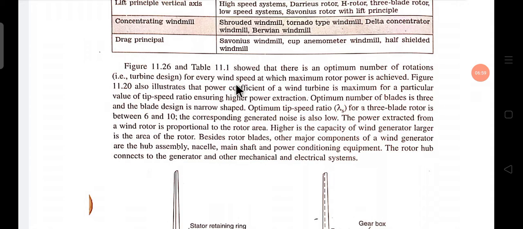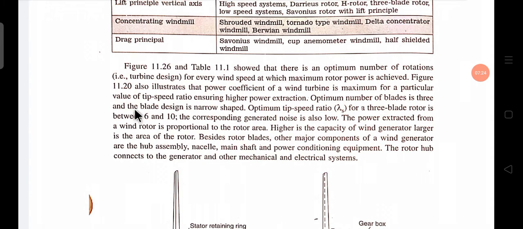The figure also illustrates that the power coefficient of a wind turbine is maximum for a particular value of tip speed ratio, ensuring higher power extraction. The optimum number of blades is 3. Remember, the optimum number of blades is 3.